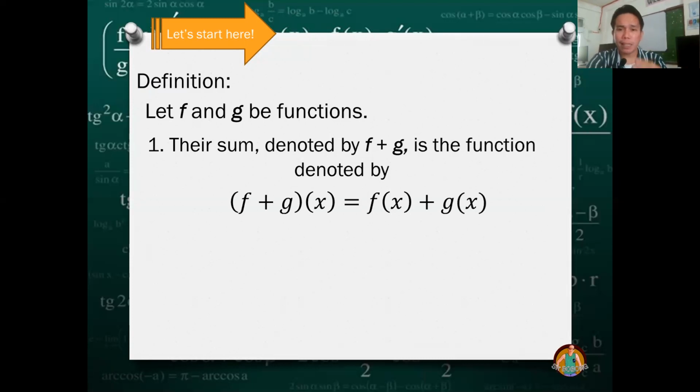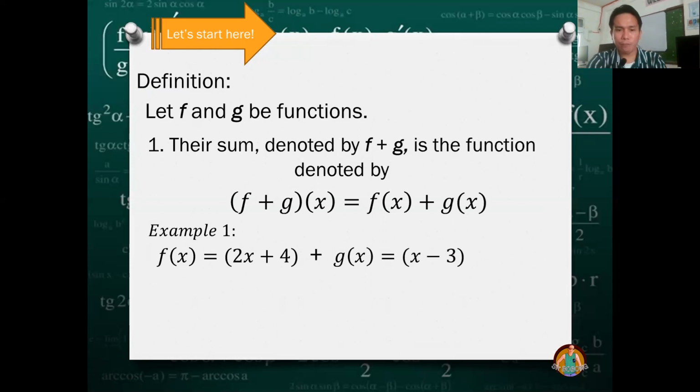Okay? So, para maintindihan yan, let me give you this example, number 1. Our f of x is equal to 2x plus 4 and our g of x is equal to x minus 3. So first, we are going to find their sum. Sa paghanap ng sum, of course, number 1 that we need to consider is combining like terms.